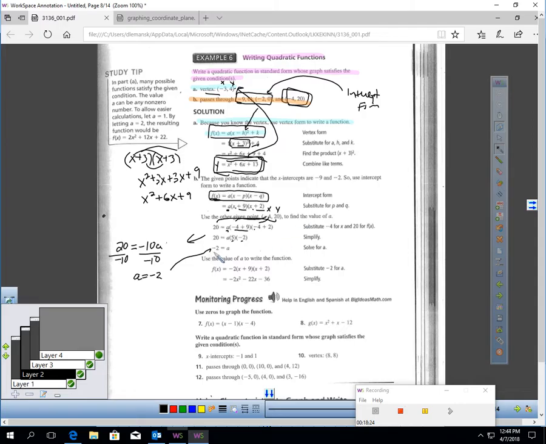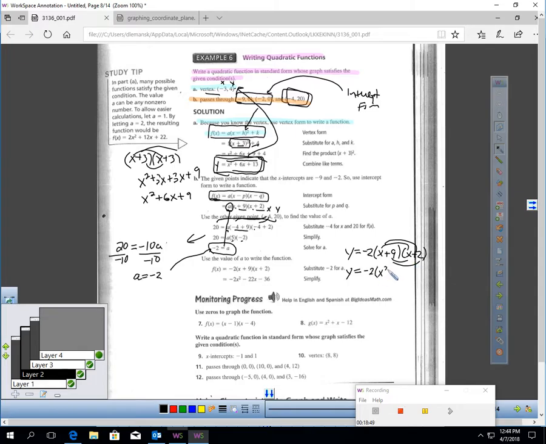So now I have my equation. If a is negative 2, I can plug that in, and my equation would be y equals negative 2 times x plus 9 times x plus 2. And now all I got to do is finish this up. They want it in standard form. So let's quickly double distribute and simplify. I have a negative 2 out front.